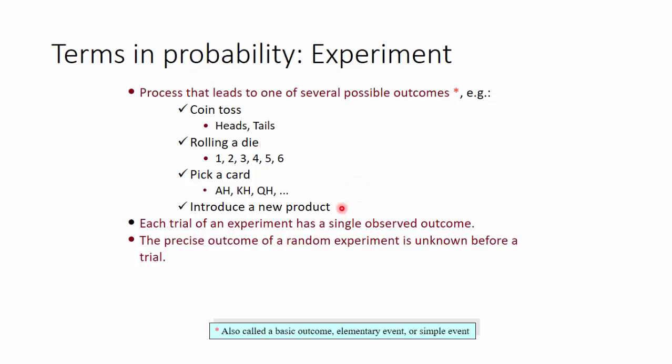Well, trying to understand it using a business example, I'm planning to introduce a new product. Now, will that be a hit in the market, or a failure, or a moderate success, or a better success than the competition? Well, those are uncertainties, and hence they are also termed as an experiment.